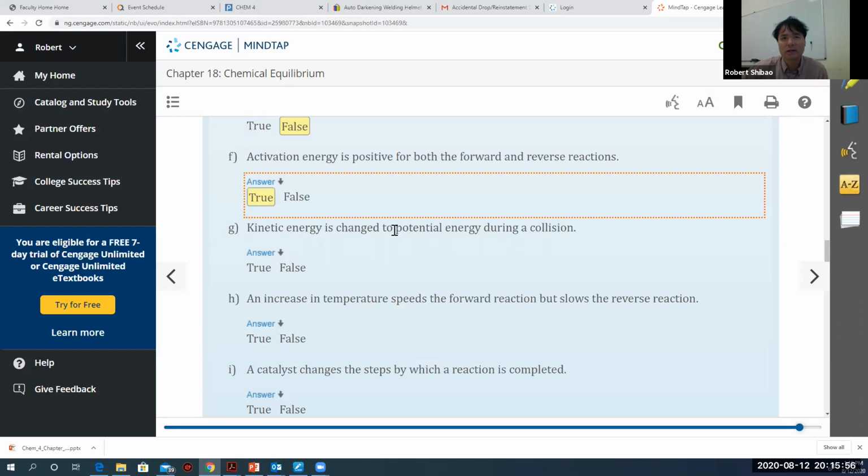Kinetic energy has changed potential energy during collision. Yeah, I didn't really talk about this. Kinetic energy is motion, and if you have some physics, this is discussed in great detail, the dynamic between kinetic and potential. If you're on a swing and you're out here horizontally, you're maxed out in potential energy. You might not be moving.